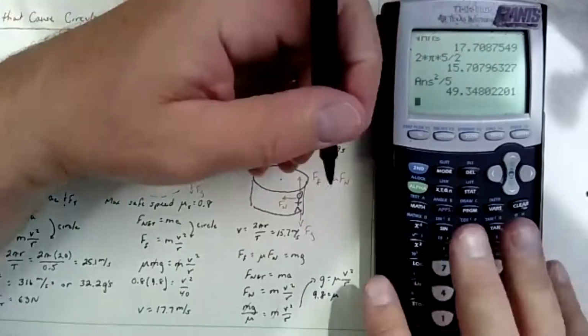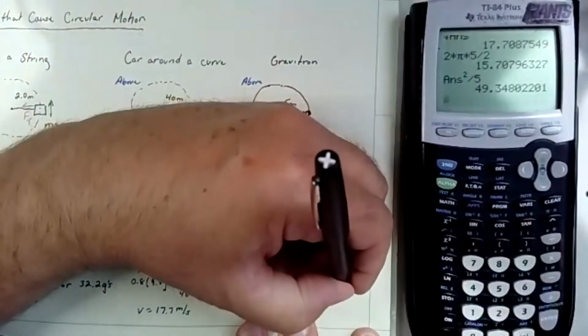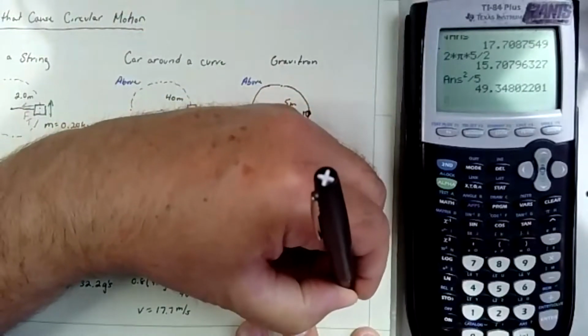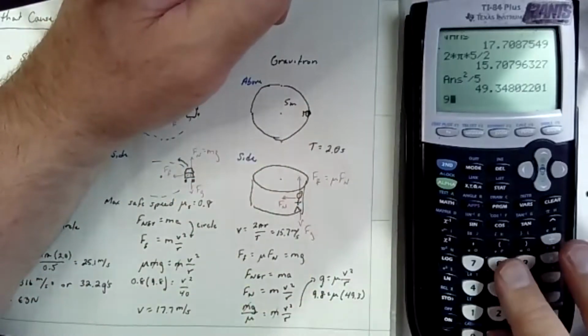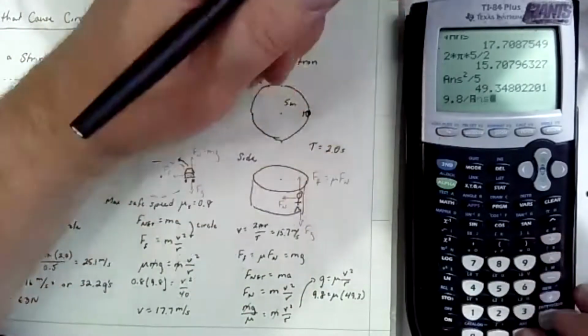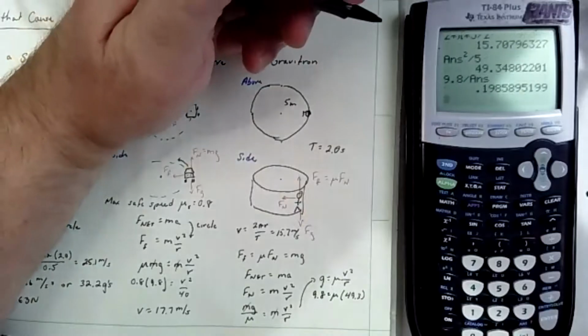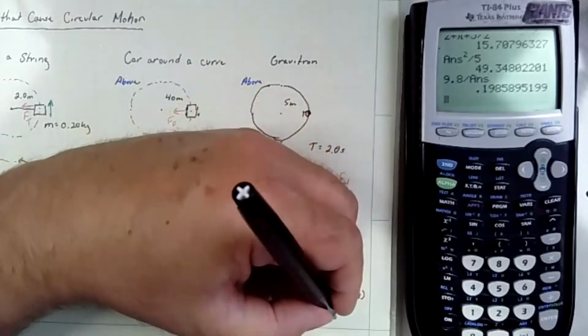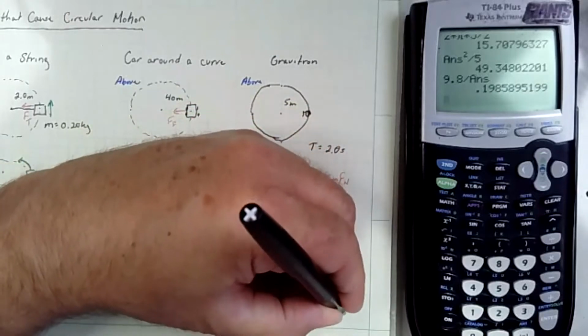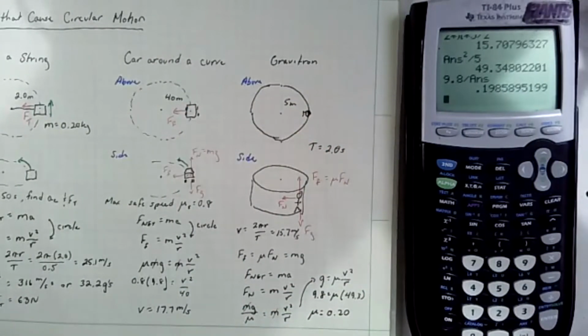Okay, 49.3. Okay, and then 9.8 divided by that answer means the coefficient of friction that we need is actually pretty low. So 0.20. Good.